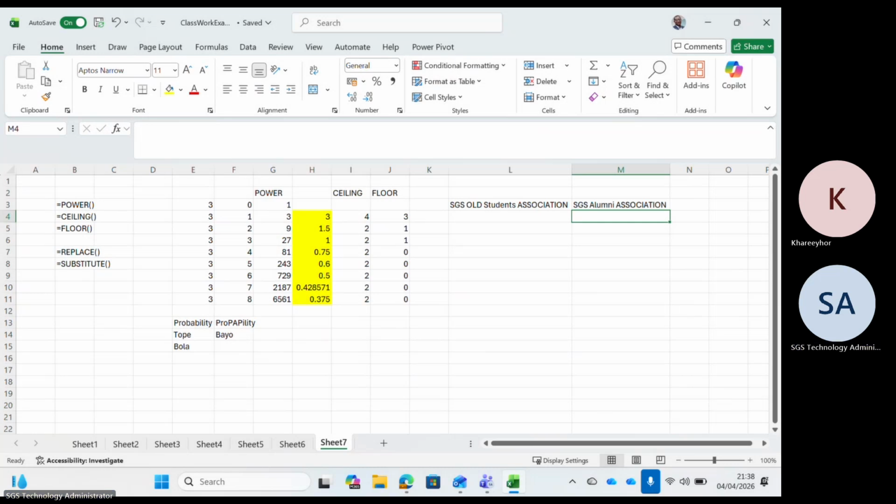So let's look at another function, and that is a function called upper, and lower.